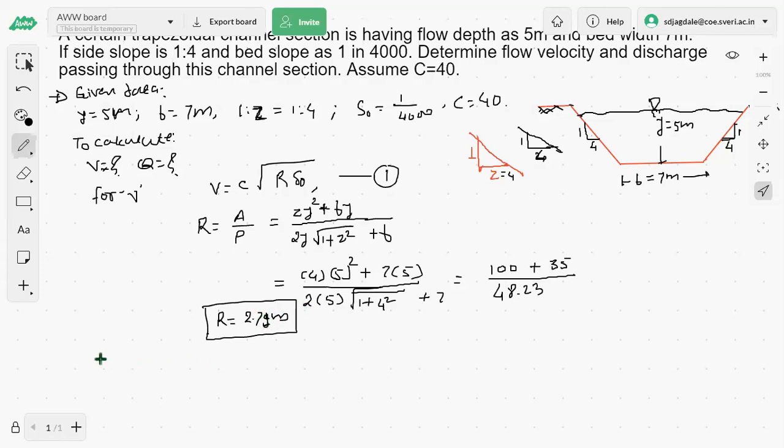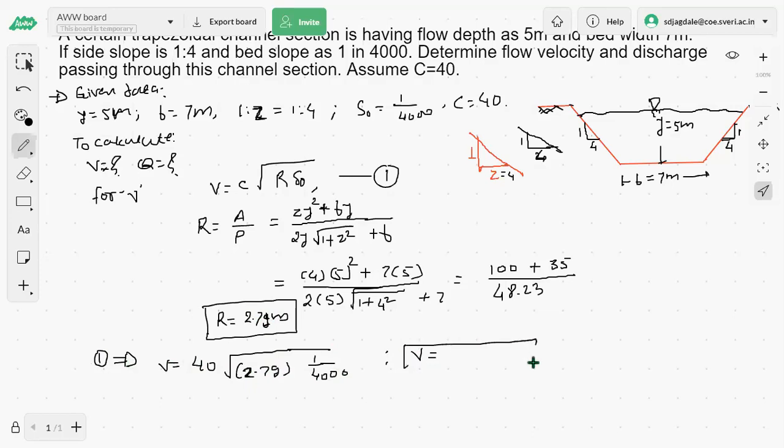So now put in equation 1. So equation 1 implies V is equals to C as 40 into root of R as 2.799, whatever it may be you got, into S naught as 1 by 4,000. Now tell me the magnitude of the velocity.